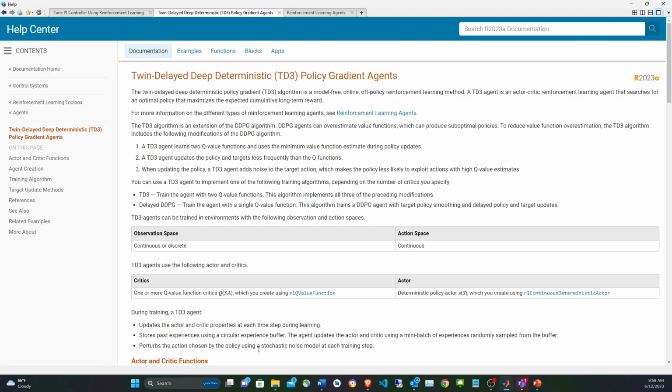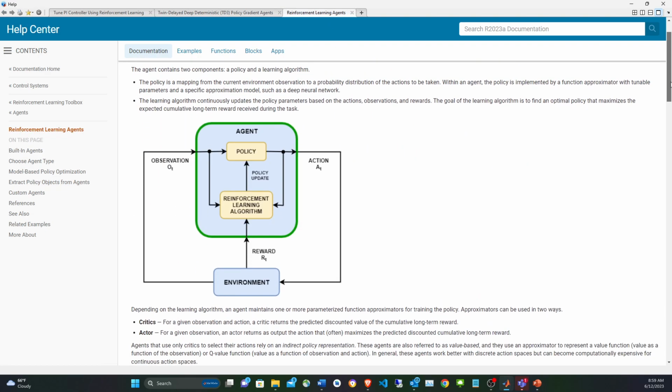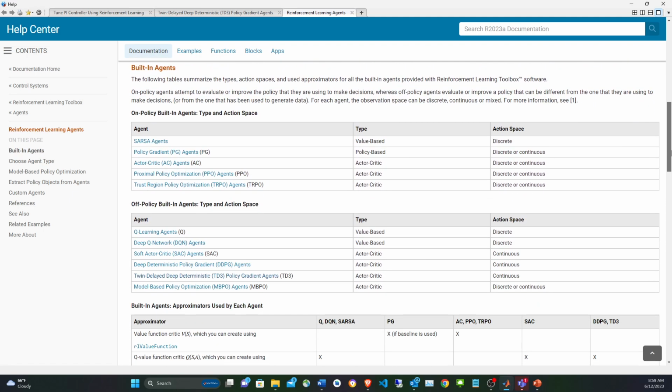This is for exploration, I understand: when you perturb the action randomly, it's for doing some additional exploration during training. So we're gonna use a parameter for this in our example. Let's take a look at where the TD3 agent is. It's an off-policy agent, so it's gonna be trained without the policy, and it's gonna have an actor-critic.